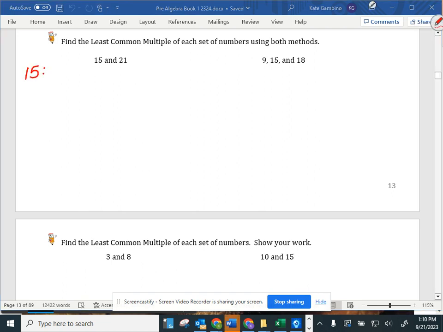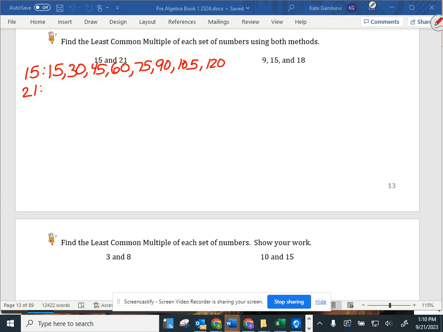What are my multiples of 15? Multiples. So 1 times 15 is 15. 2 times 15 is 30. Keep going for me, everyone. 45, 60, 75, 90, 105, 120. All right, I'm going to stop there.